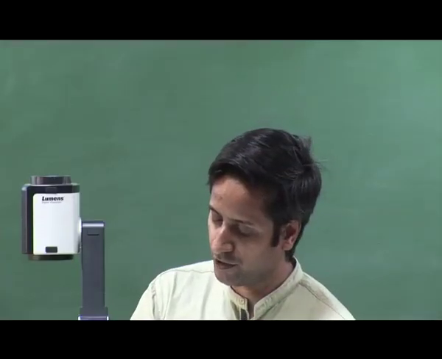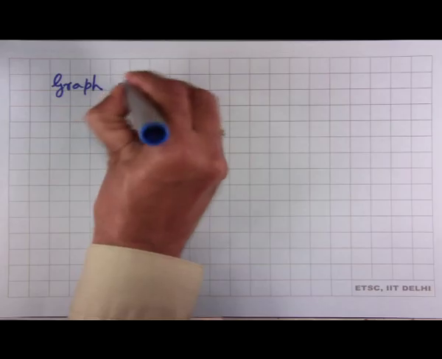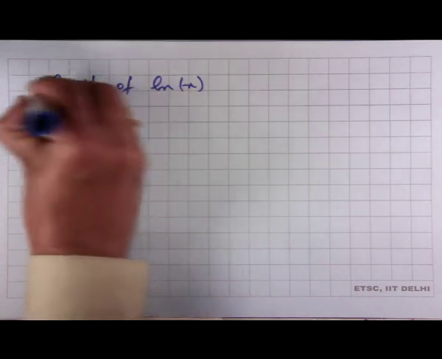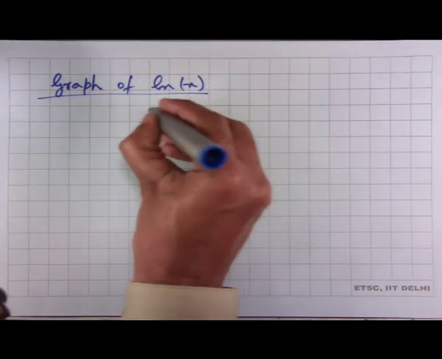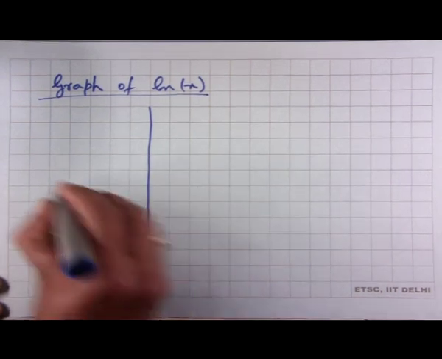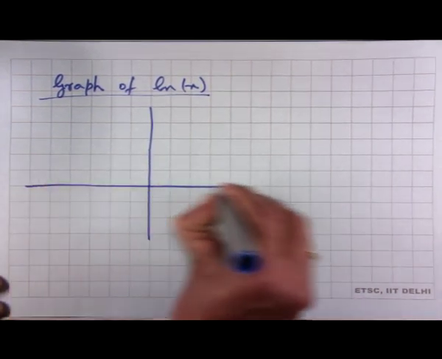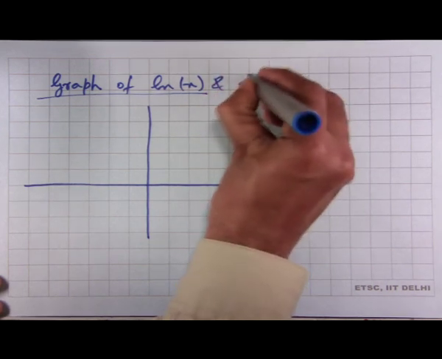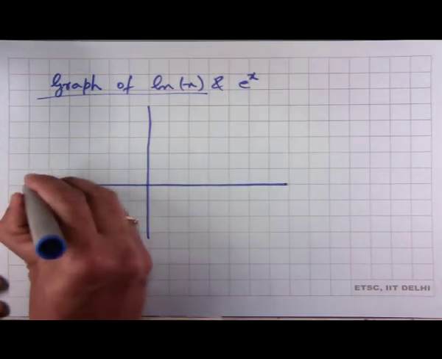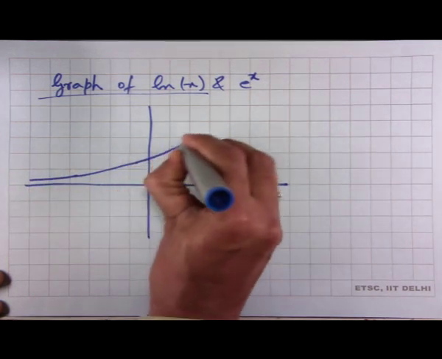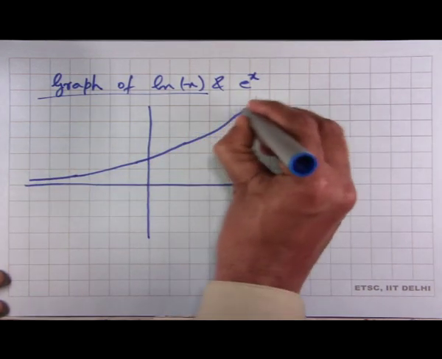Let us try to draw the graph of ln x, and let me also draw the graph of e to the x. For the exponential function, we have seen that the graph looks like this.